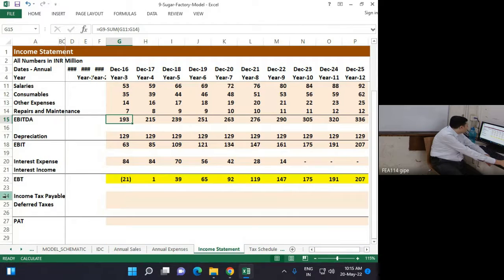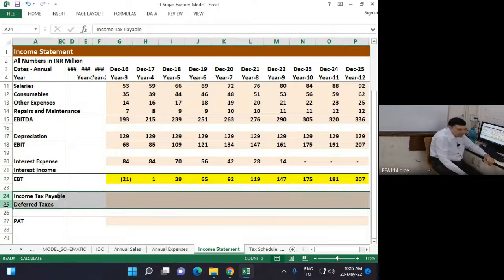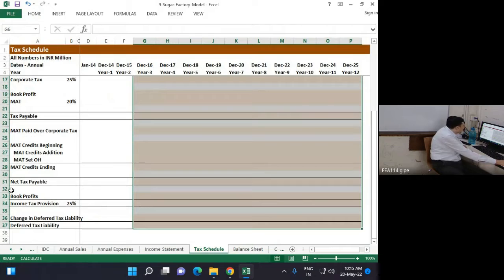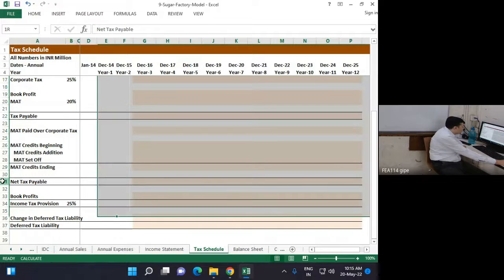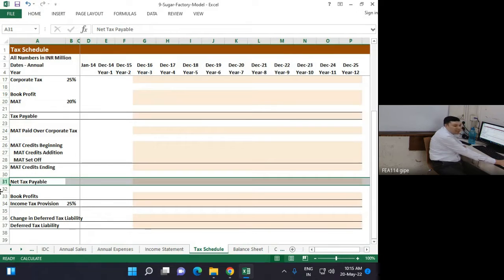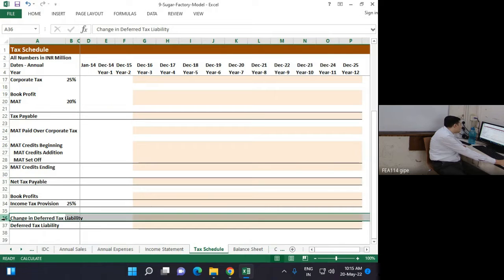Now the next part, that is income tax payable and deferred tax. Cannot do it without solving for the entire tax schedule. Now before we proceed to solving the entire tax schedule, let us change the name of these two line items here. And the reason why we are doing it is because in the tax schedule, these two line items have been named as net tax payable and change in deferred tax liability.